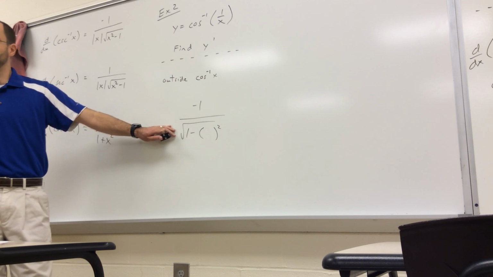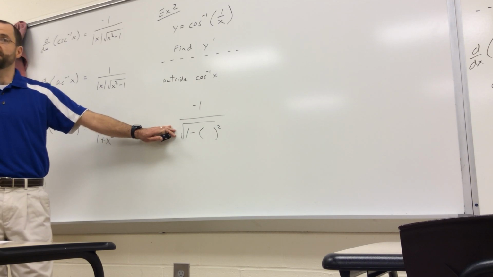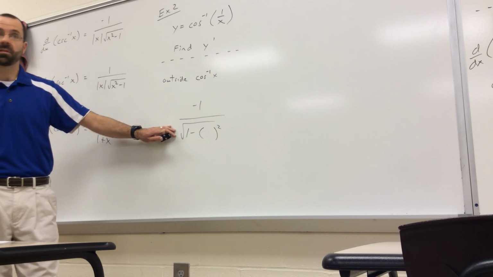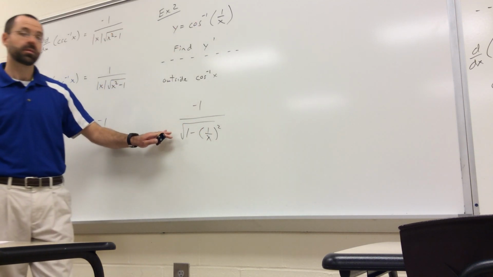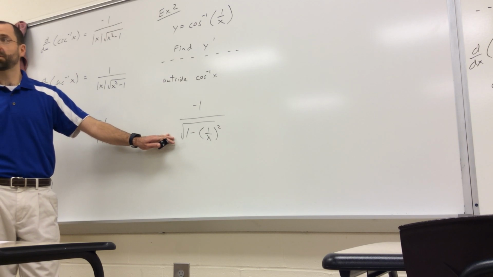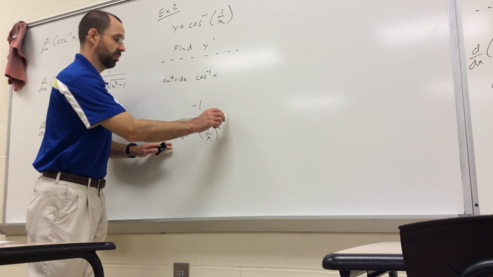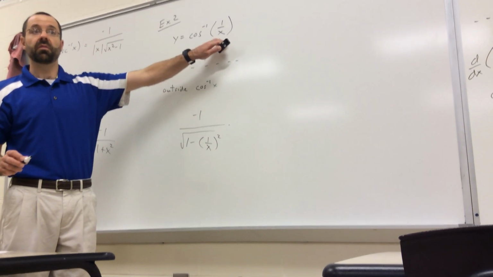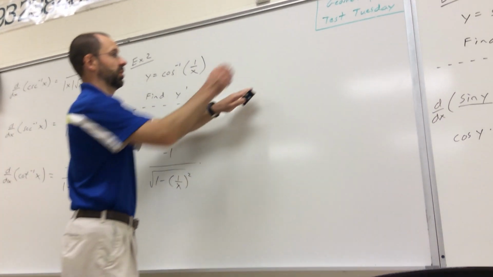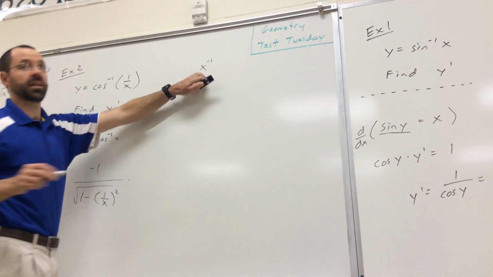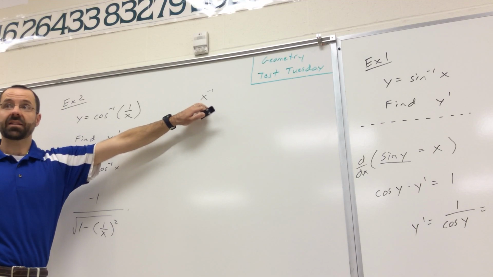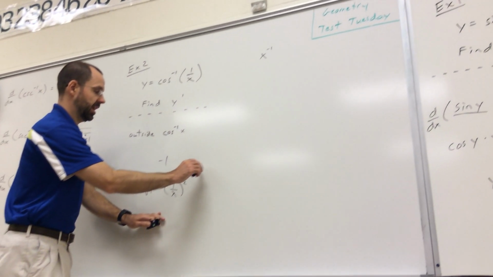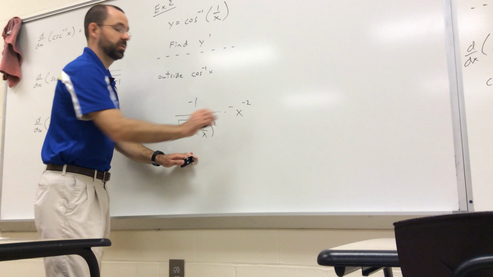So there's the derivative of the outside. Then you plug the regular inside into it. So inside function here is 1 over x. So you plug 1 over x into that. And then the third step of the chain rule is you multiply by the derivative of the inside. Inside function is 1 over x, but another way to write that would be x to the negative 1. So I have to take the derivative of that. So that's negative x to the negative 2.